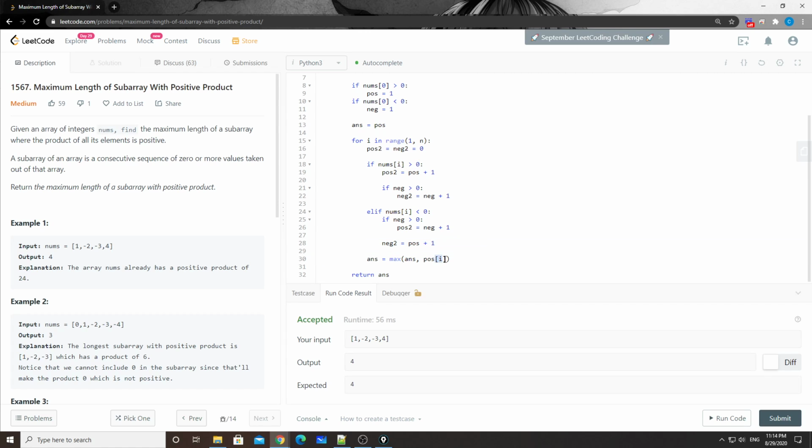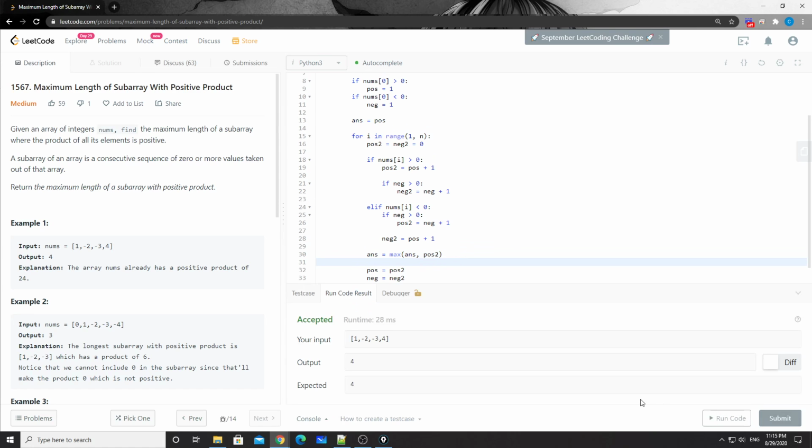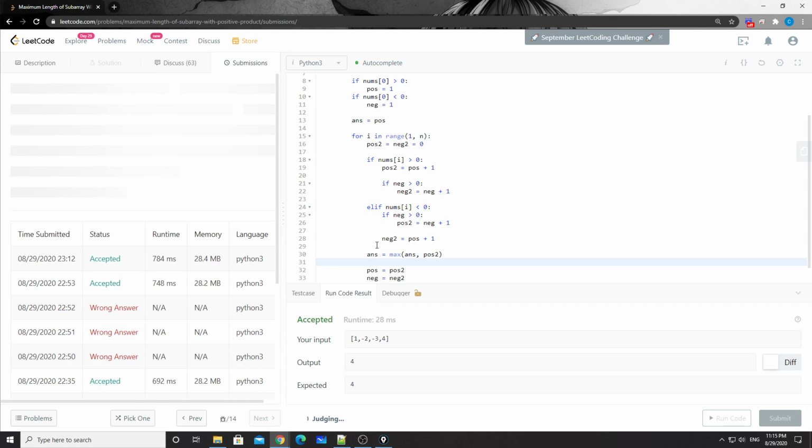So here just pos2. But remember, in the end, we just update that. Basically, the positive equals positive 2 and negative equals negative 2. This should just work. Submit.